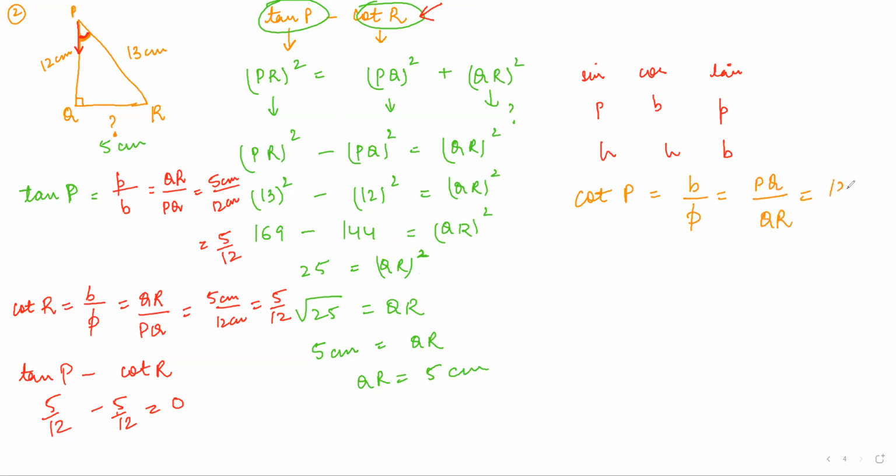So that becomes 12 upon 5, yes. The inverse of tan P, obviously, right? Oh, okay, ma'am. Even if you know tan P, just take its inverse to find cot P. You don't even have to use the formula. If you have cot R and you take its inverse, you will get tan of R, right? Okay. Yes.